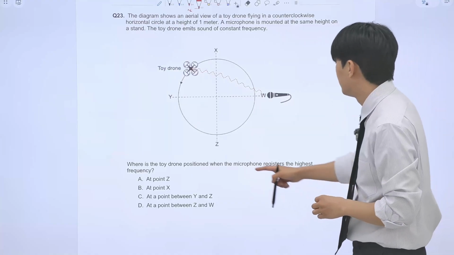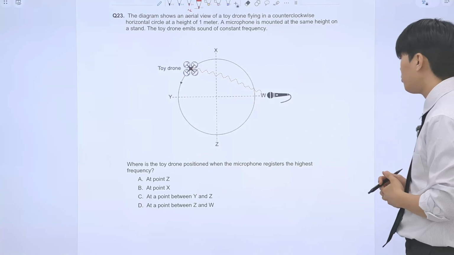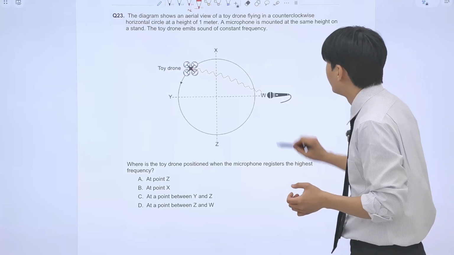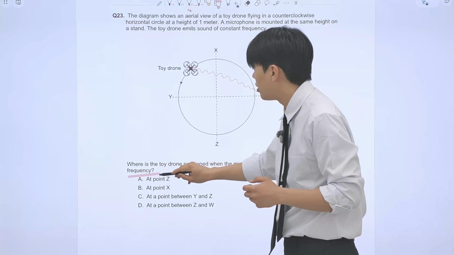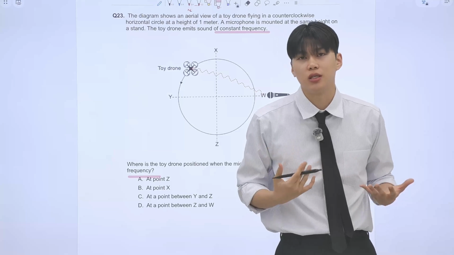They ask where the drone's position is where the microphone registers the highest frequency. That sentence gives us a hint: highest frequency. Because the frequency should be constant, but why is there a change in frequency?